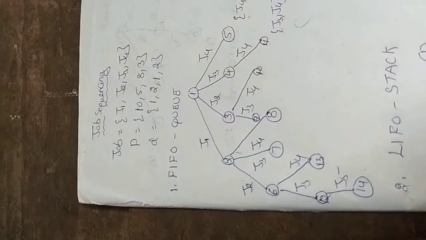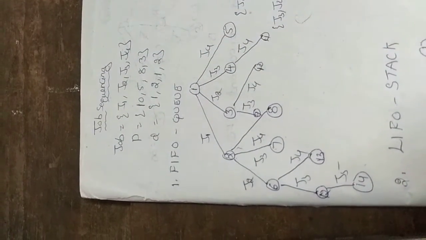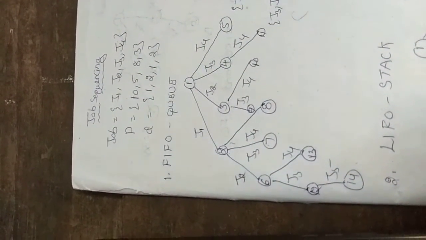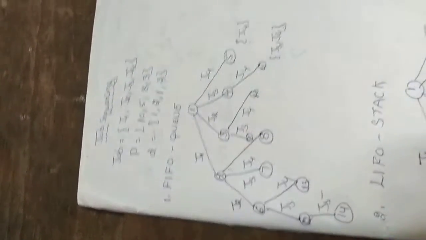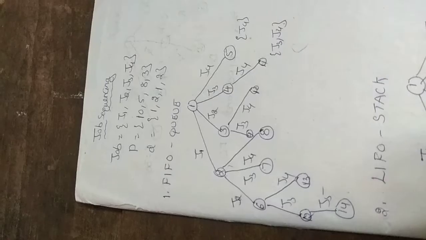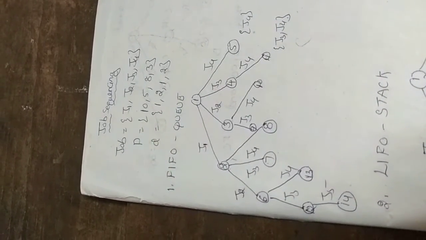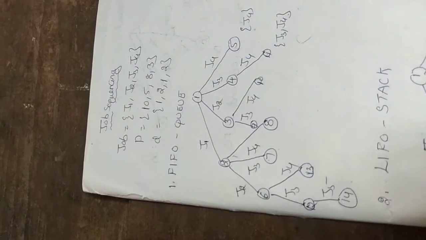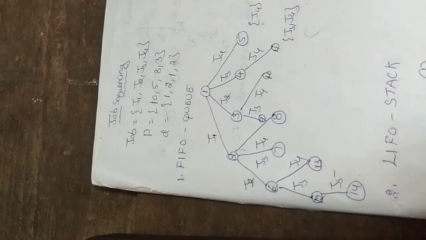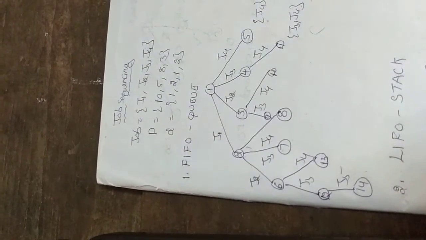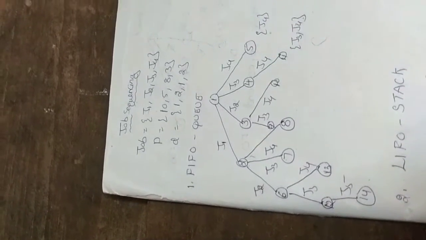From node 2, since J1 is already included, we now have a choice of including either J2, J3 or J4. So it is just like a breadth first search. After exploring 2, the next node in the queue is 3, where you include either J3 or J4, so the nodes are numbered 9 and 10.